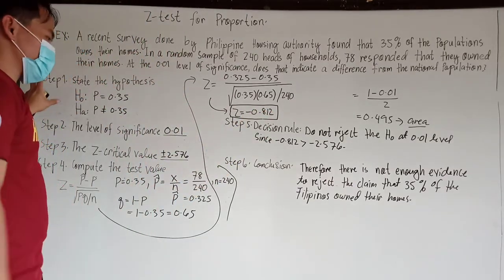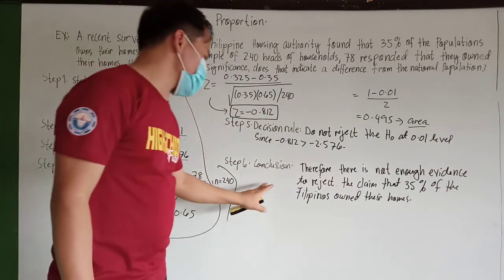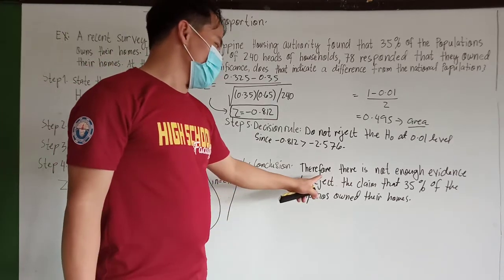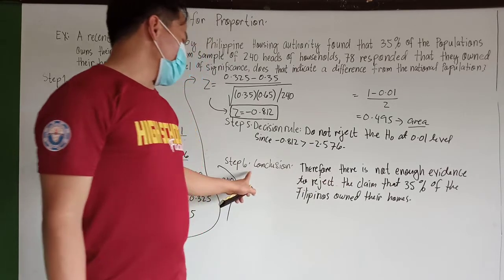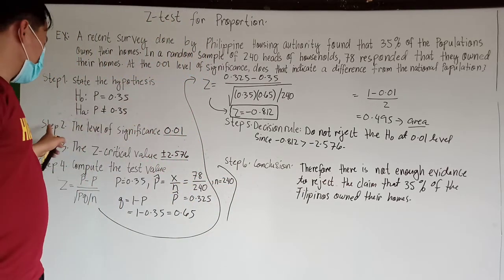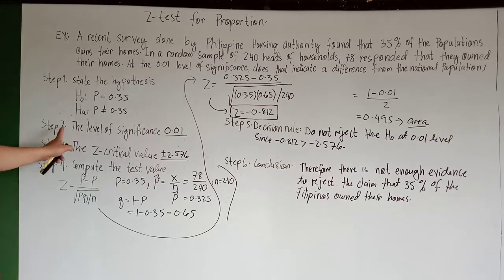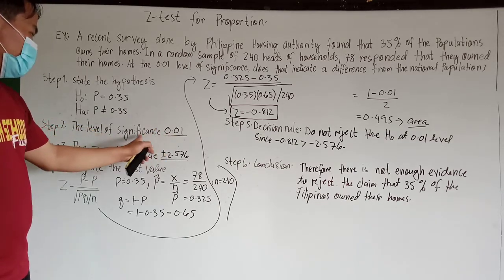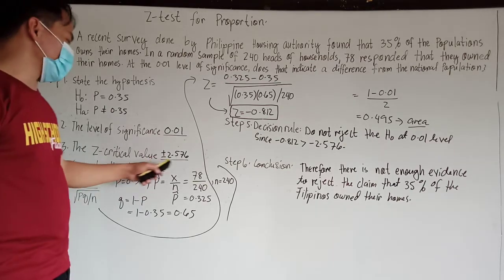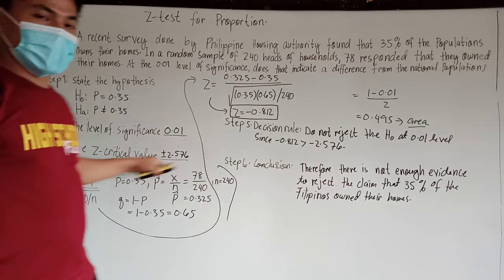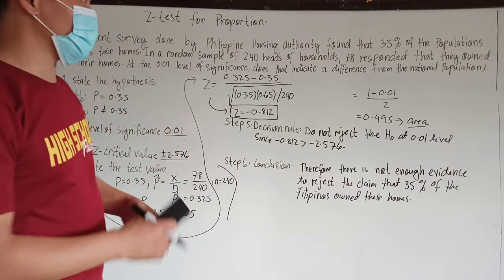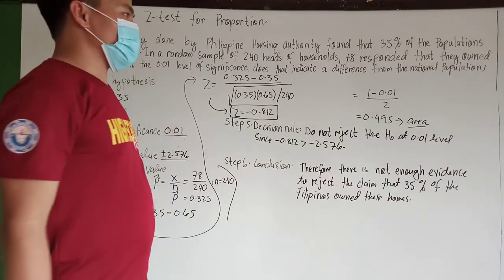All of these steps from step number 1 down to step number 6 are connected, because we cannot make a conclusion without step number 1. And of course also step number 2, because this is the quantity that we're going to use, particularly in identifying the critical value. So all of these steps are very important, particularly in determining this given situation or the claim.